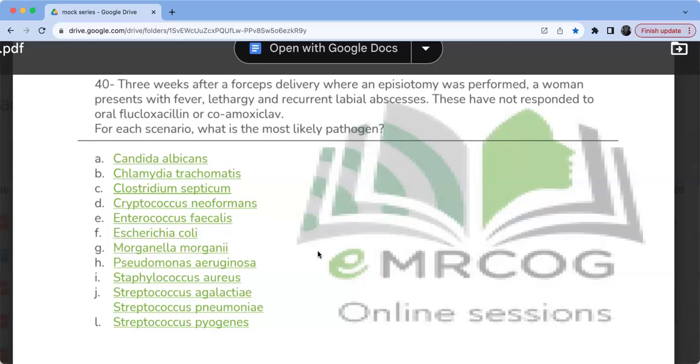I'll ask you, my friends, and you tell me: shall I choose Staph aureus or Streptococcus? Which one causes the recurrent labial abscesses? From the Green-top guideline number 64, bacterial sepsis following pregnancy, recurrent abscess formation, including labial abscesses, is a feature of the PVL producing staphylococci.